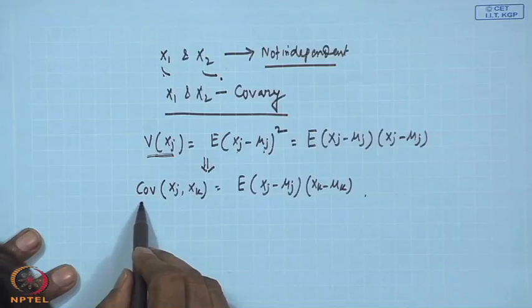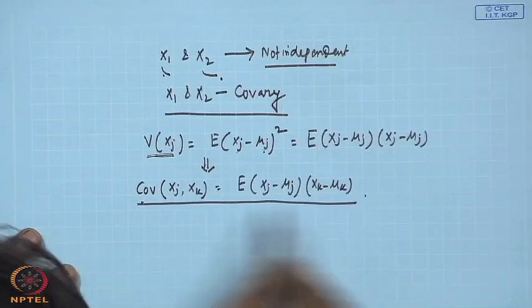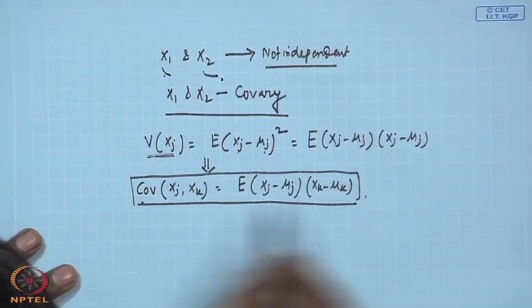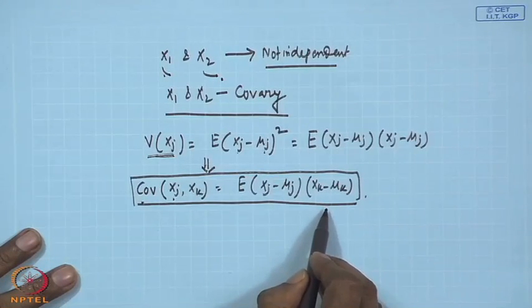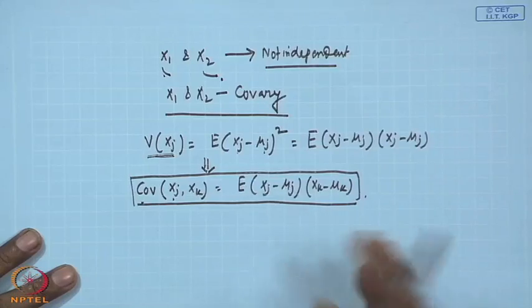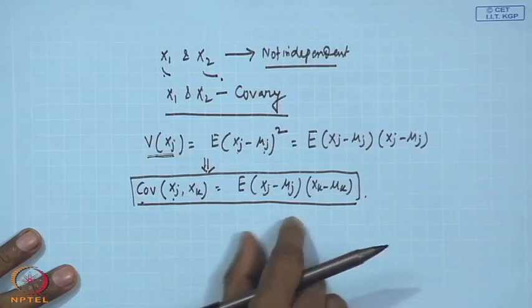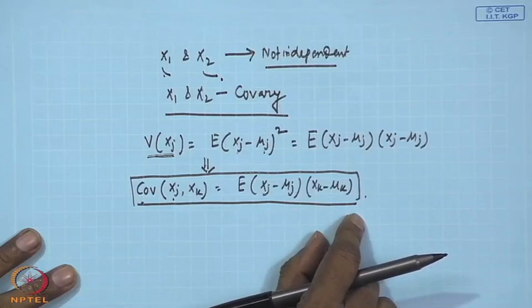So the covariance is this. If xj varies, xk also varies, so I am expecting to find the association between the two.